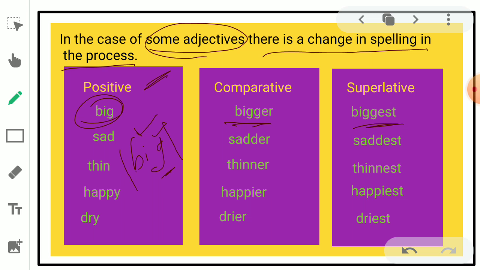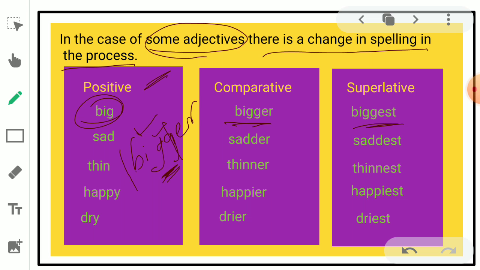Keep in mind, the last consonant, that is G, doubles before adding er and est.